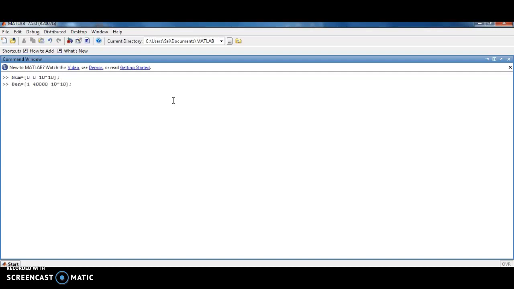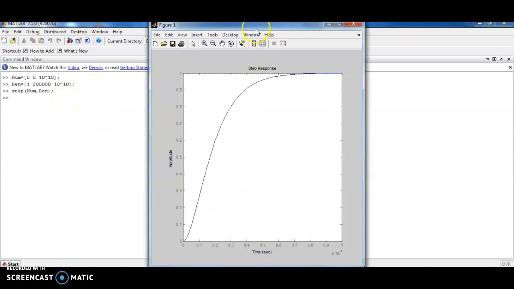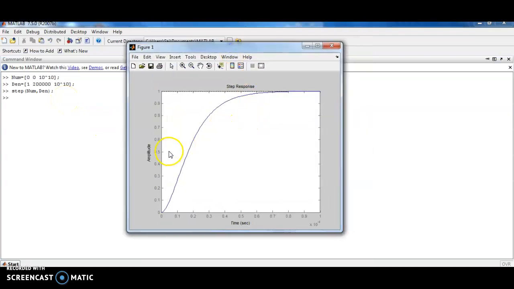In the denominator, that is s square plus 2 lakh s plus 10 raised to 10. Then step numerator comma denominator. Here also the numerator n is capital, NUM, NUM. Then click, you will get the graph.